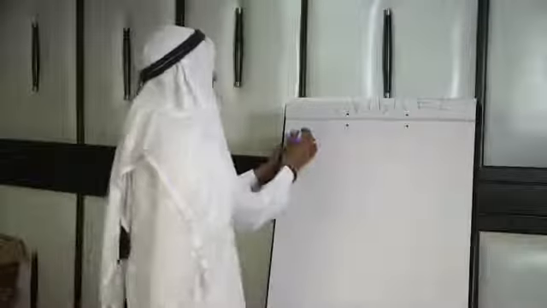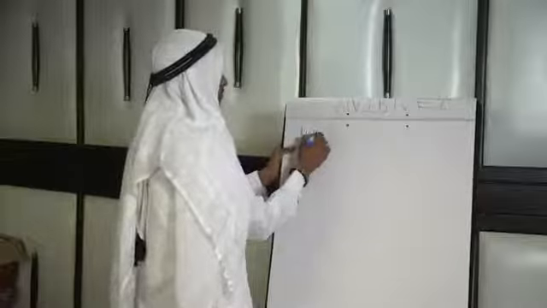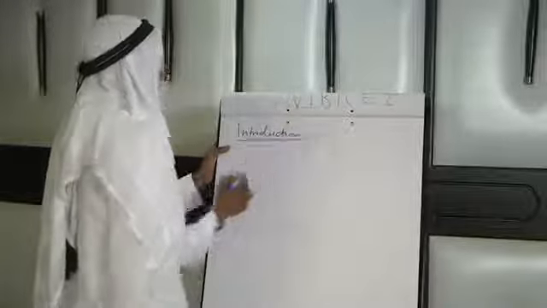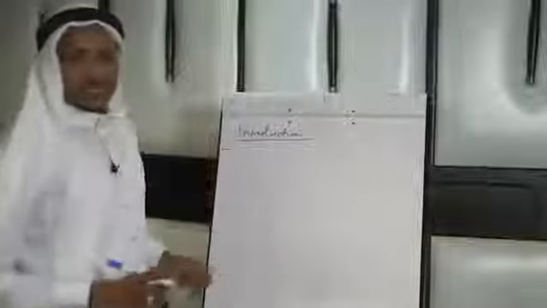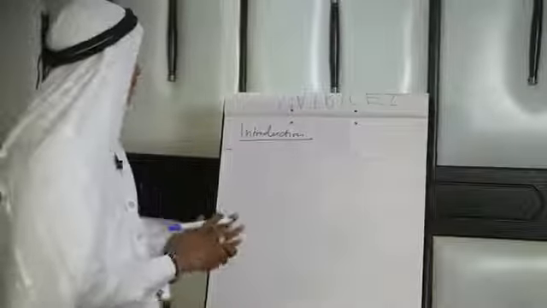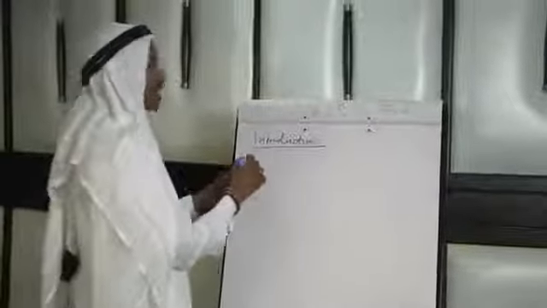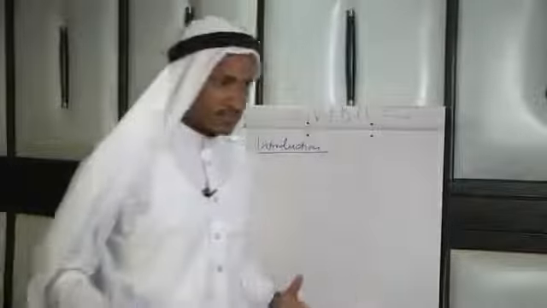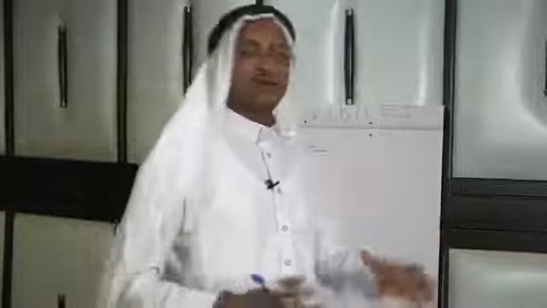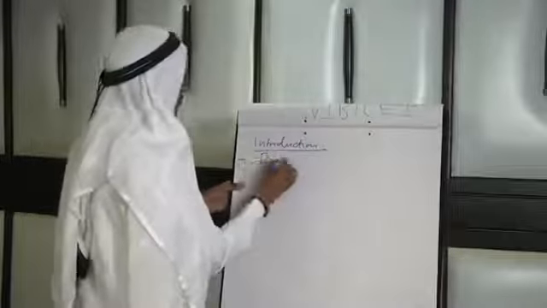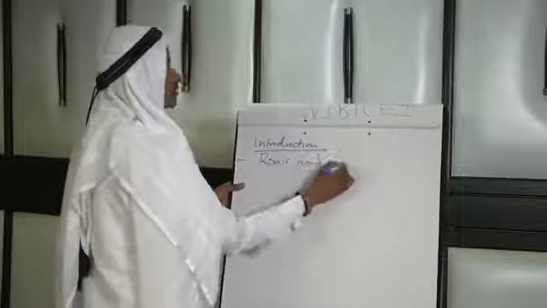So when we start with the introduction, what are matrices, or what is a matrix? A matrix is the arrangement of numbers or arrangement of items in rows and columns.